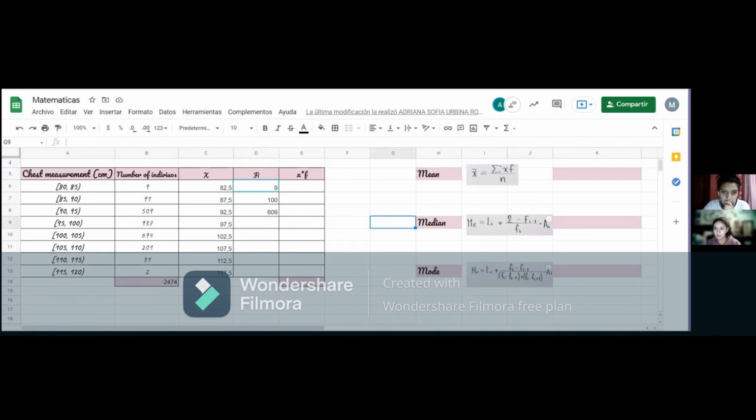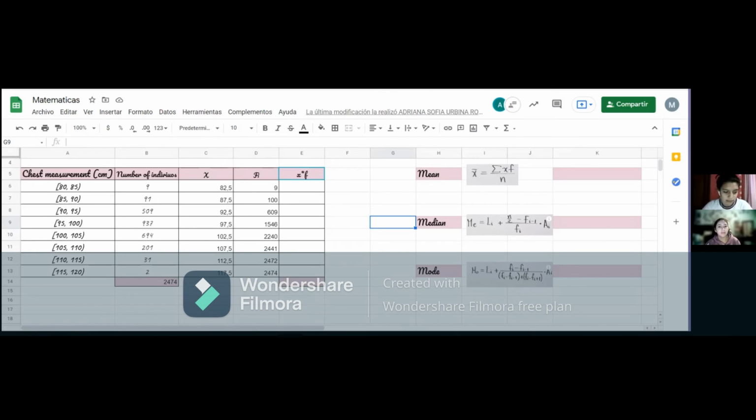So we'll go adding up to 1,546, 2,240, 2,441, 2,470, and finally arrive at the total number of data, which is 2,474.